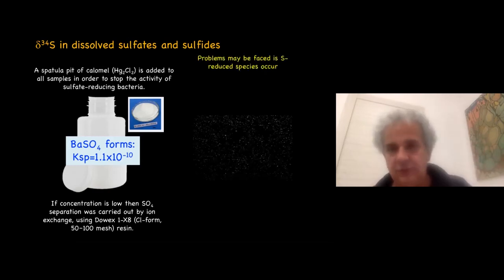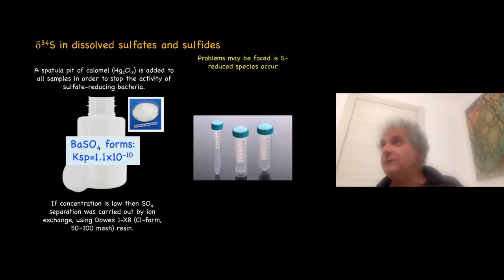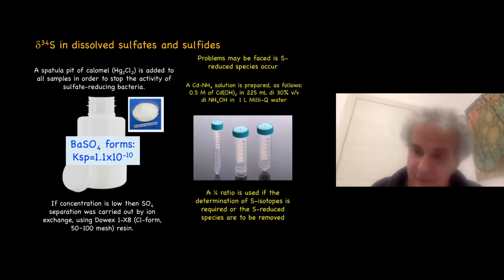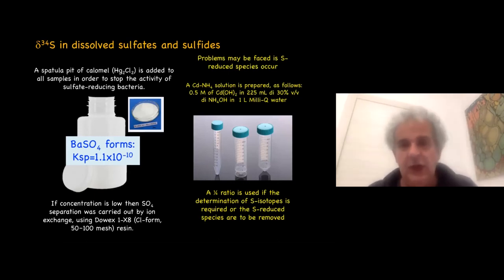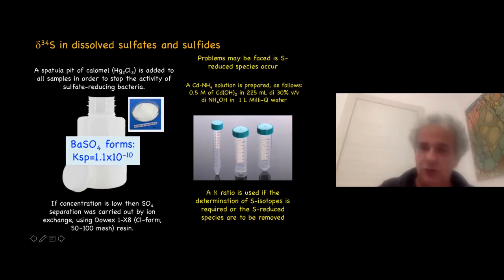If you want to measure the sulfur isotopes in the reduced species, the procedure is a little bit different, because you have to prepare this solution. You see that cadmium is always present. You add in the lab a couple of mLs of this solution.